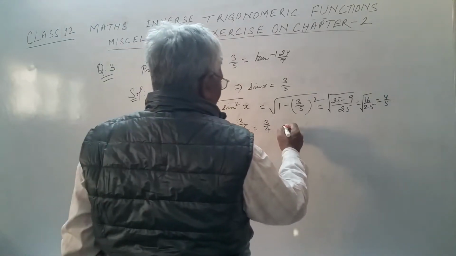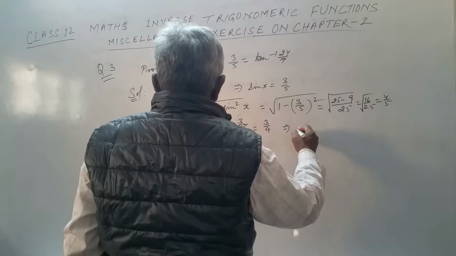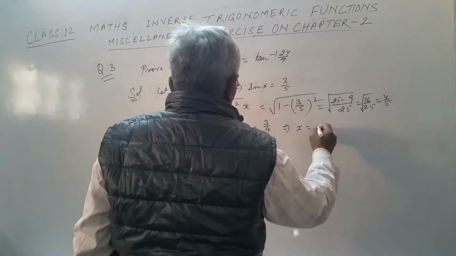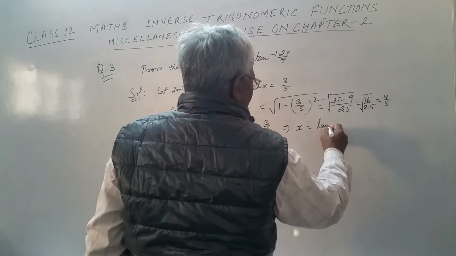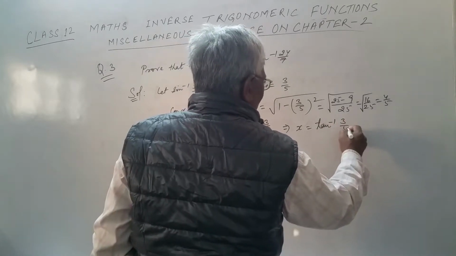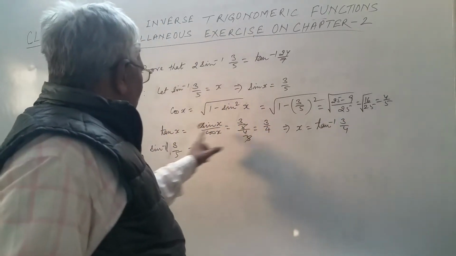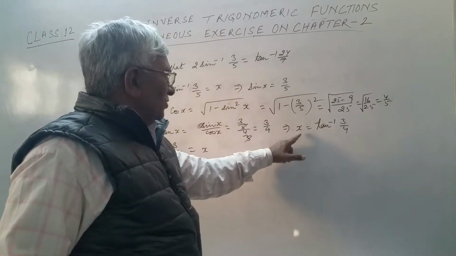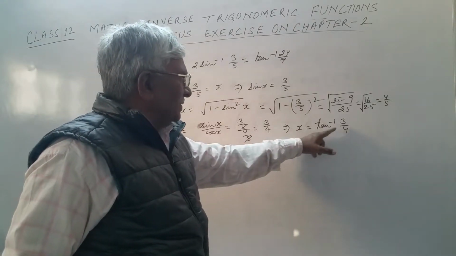Here you can do one more step. x is equal to tan inverse 3 upon 4. That means from this you have got x is equal to tan inverse 3 upon 4.